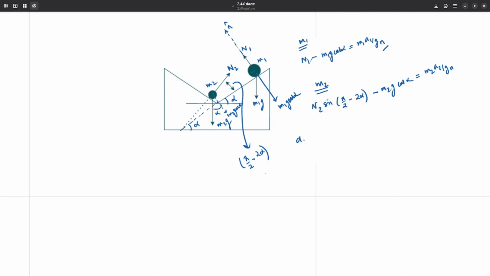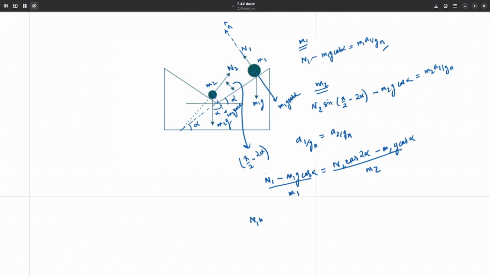We know from the previous slides that a1gn is equal to a2gn. Therefore, we can write n1 minus m1g cos alpha, divided by m1, equal to n2 cos twice alpha minus m2g cos alpha, divided by m2.